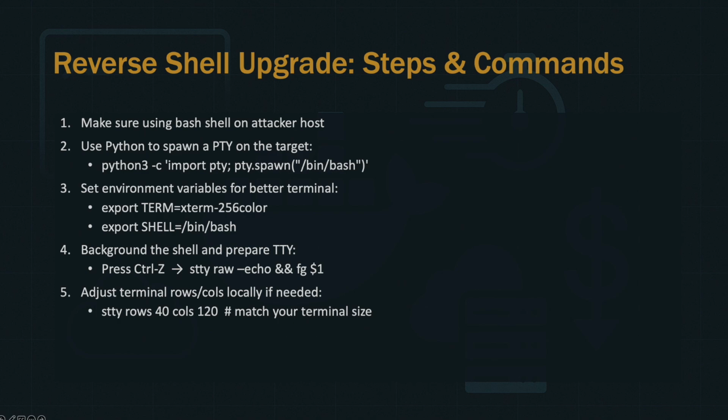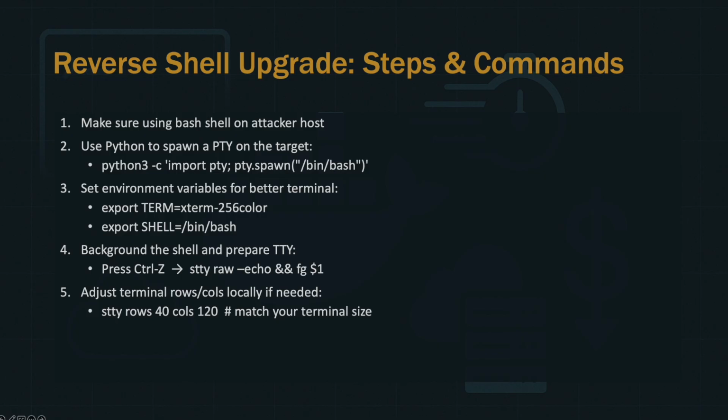Here are the steps. The first thing we're going to do is make sure we're using a bash shell on the attacker host. That way we can match up our shells. Now you don't have to use bash, you can probably use sh and it'll probably work just as well.